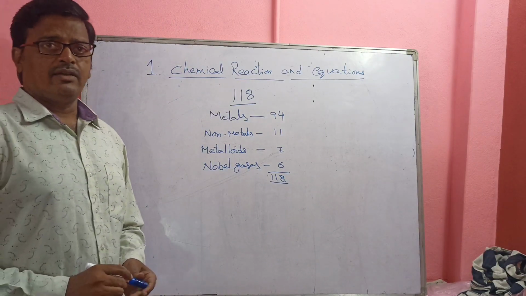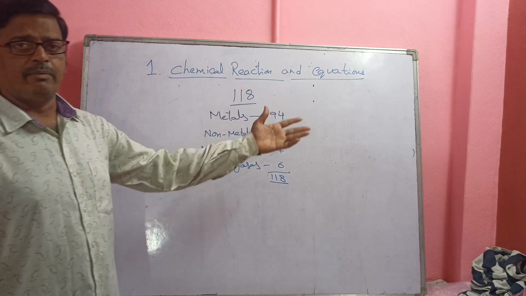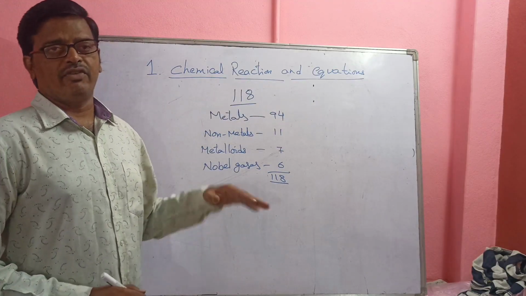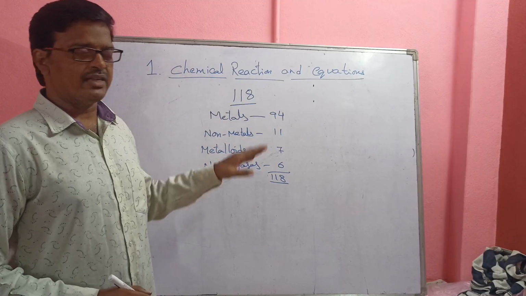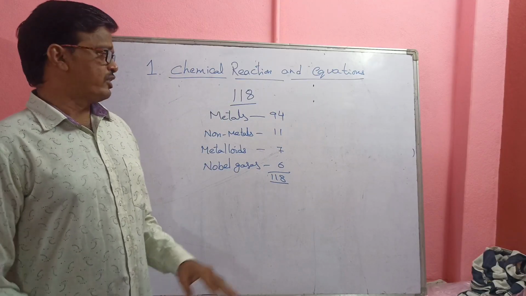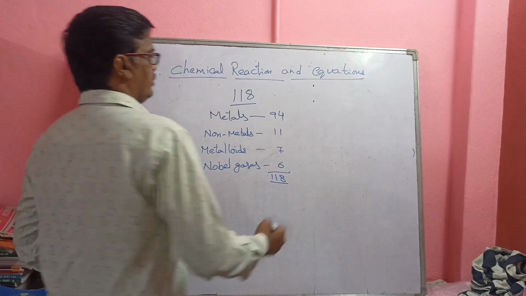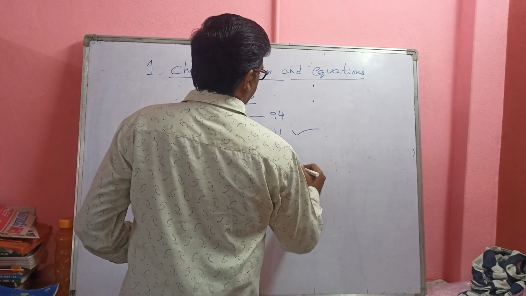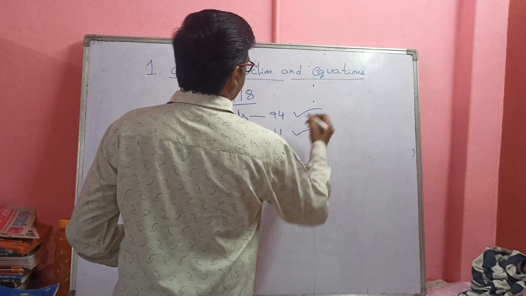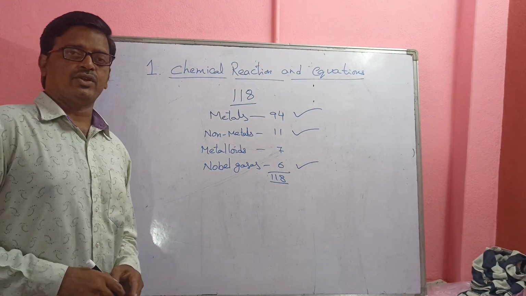Understand everyone? In the metals and non-metals lesson, we will discuss the important metals and non-metals also. But before that, you should know some important metals, non-metals and noble gases.